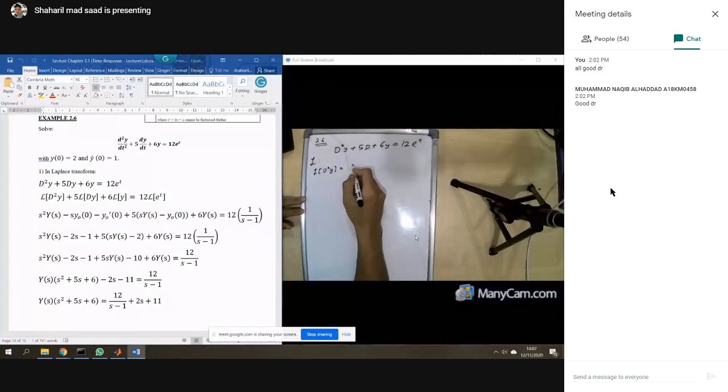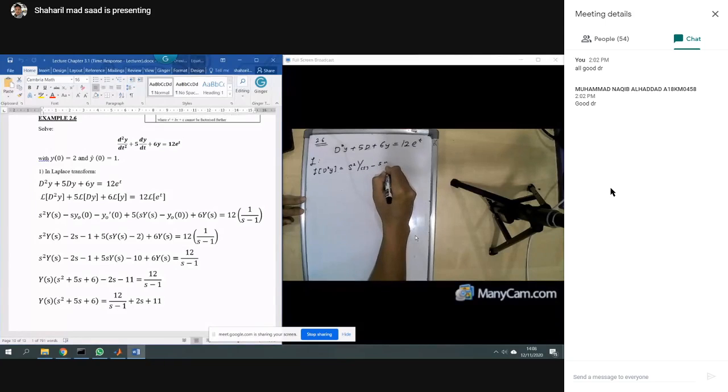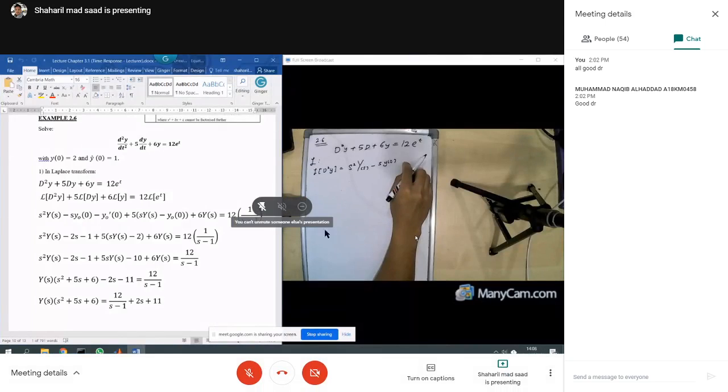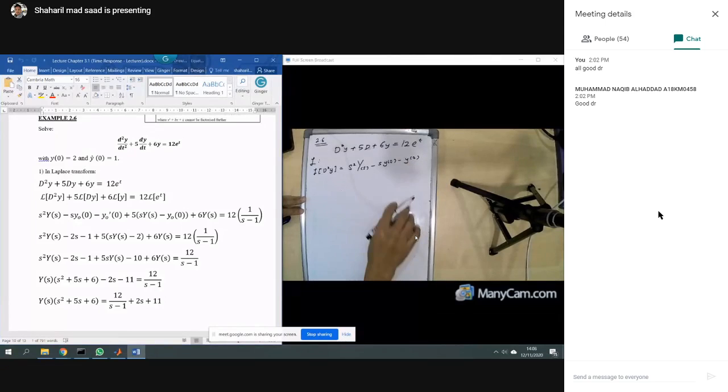Then you will get s squared Y(s), the small letter becomes the capital letter when you Laplace it, and then minus s y(0), minus y'(0). Okay.